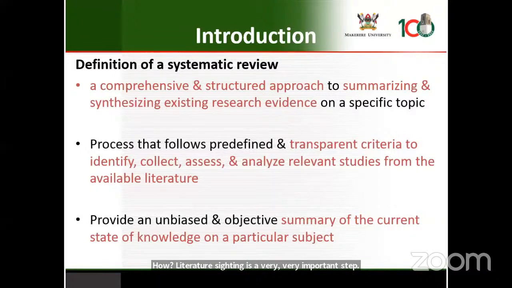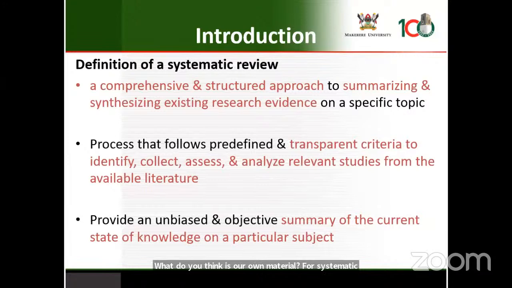So just like when I'm in a factory and I want to manufacture a cotton fabric, what would be my raw material for a cotton fabric? It would be cotton. So for a systematic review, what do you think is our raw material?